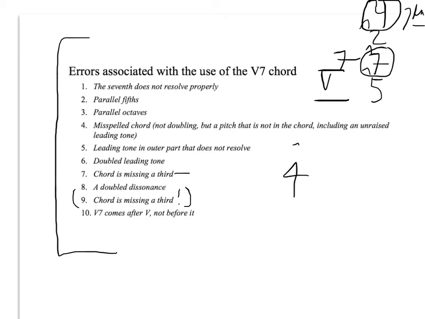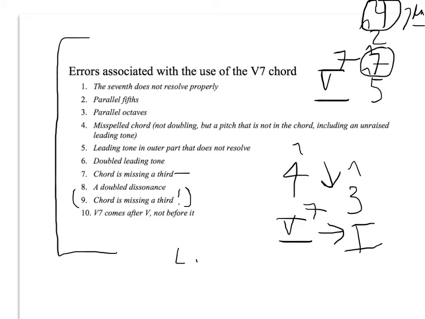Scale degree 4, the 7th, needs to resolve down to scale degree 3 when the harmony goes from 5/7 to 1. The leading tone, this is a tendency tone we know as well. It's the 3rd of the chord, scale degree 7. It needs to go up in outer parts.